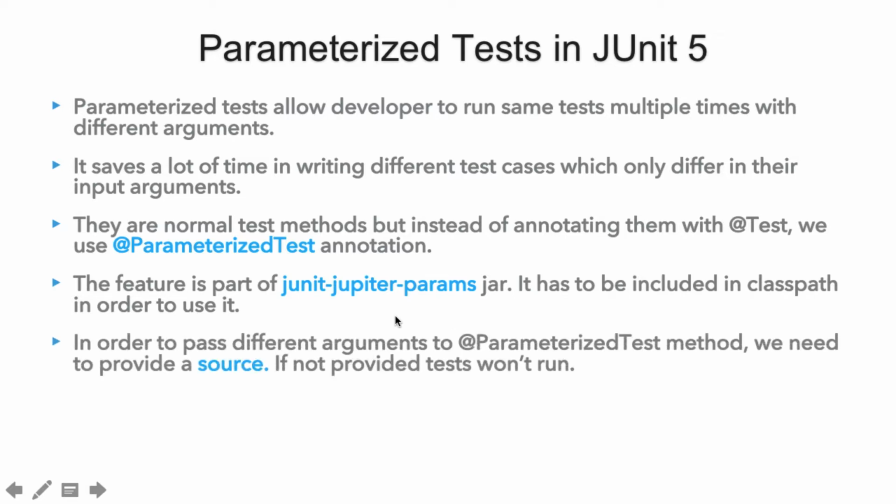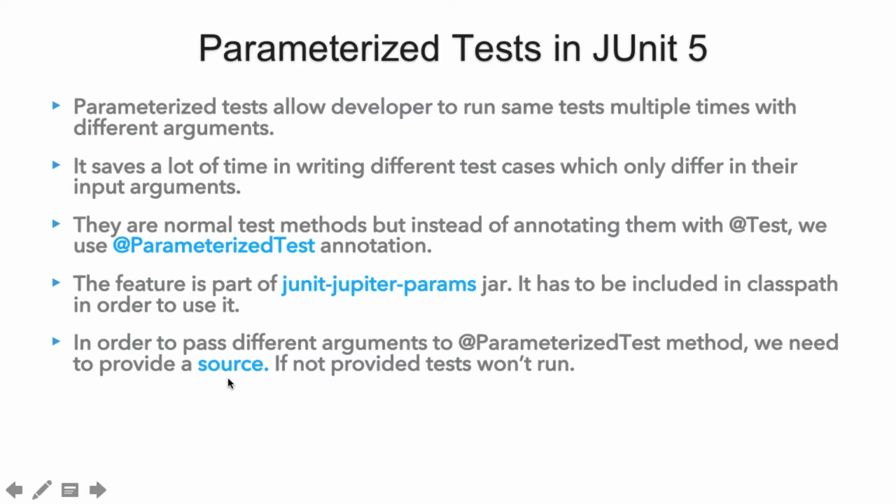We discussed that a parameterized test allows us to run the same test multiple times with different arguments, so we need to pass those different arguments to the @ParameterizedTest method. One way of passing the different arguments is to provide them as a source. If we don't provide the source, the parameterized test won't run.